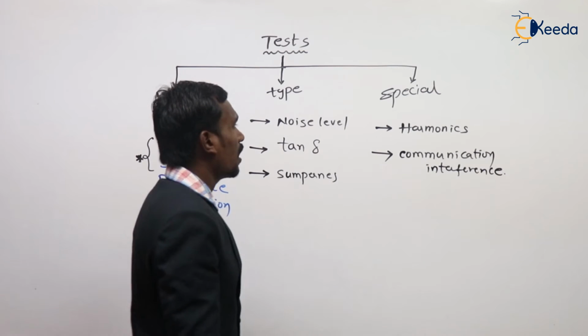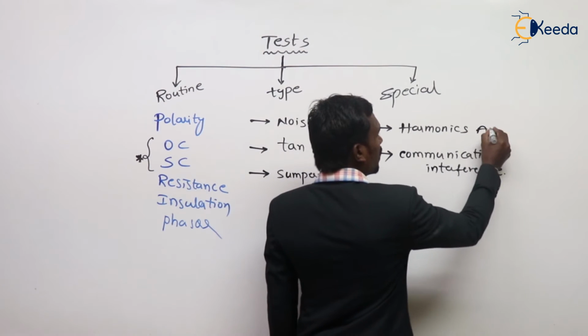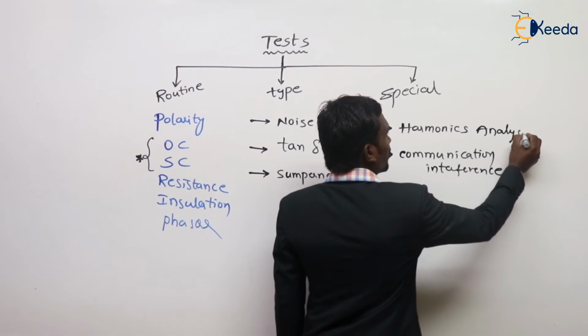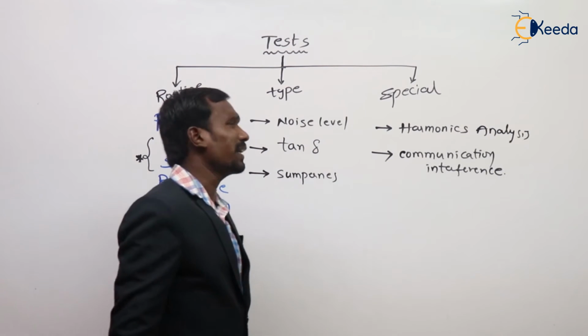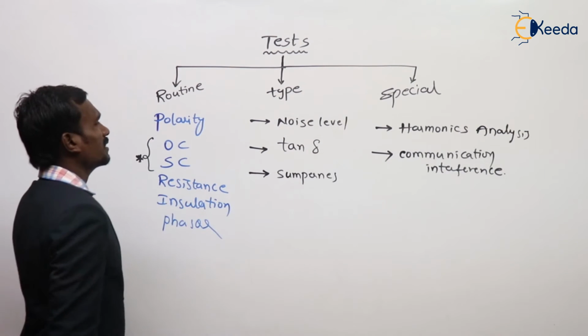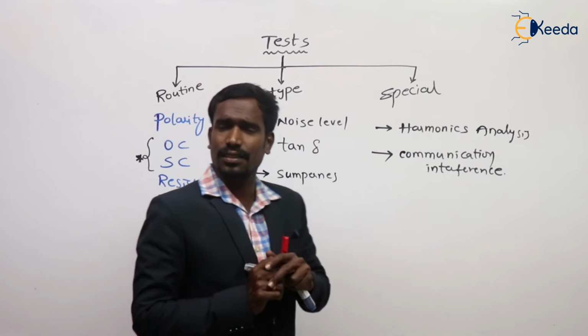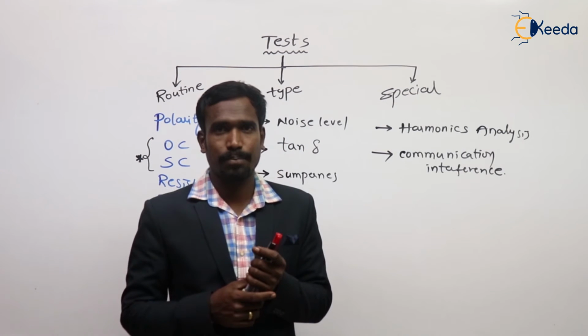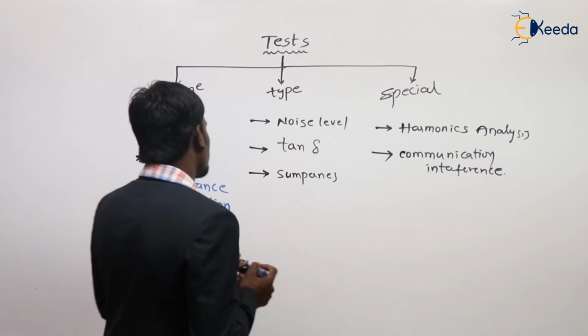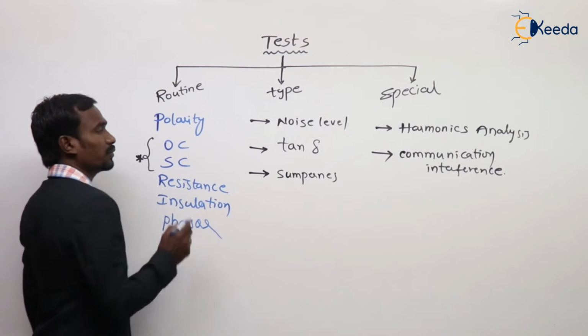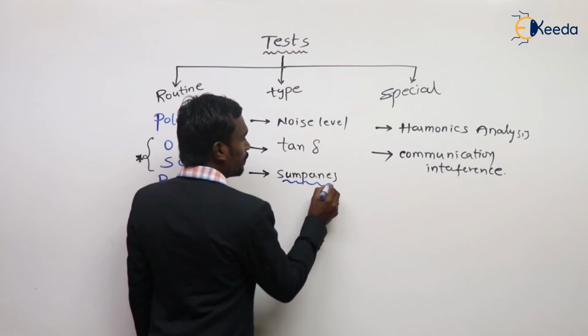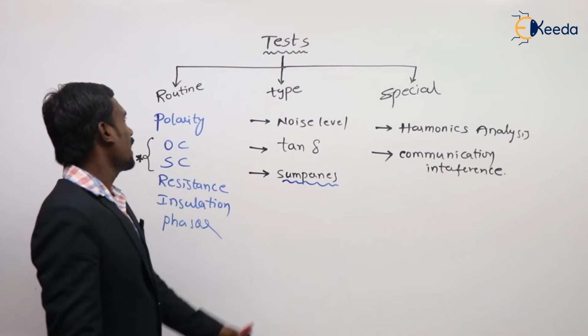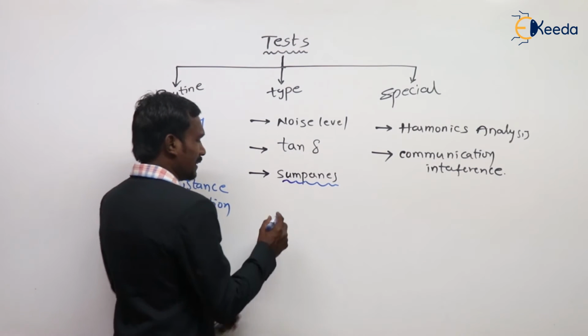Like that, these are the different types of tests in our transformer. In that, the OC and SC tests are very important. Then after, the Sumpner test, and a small discussion about the polarity test.